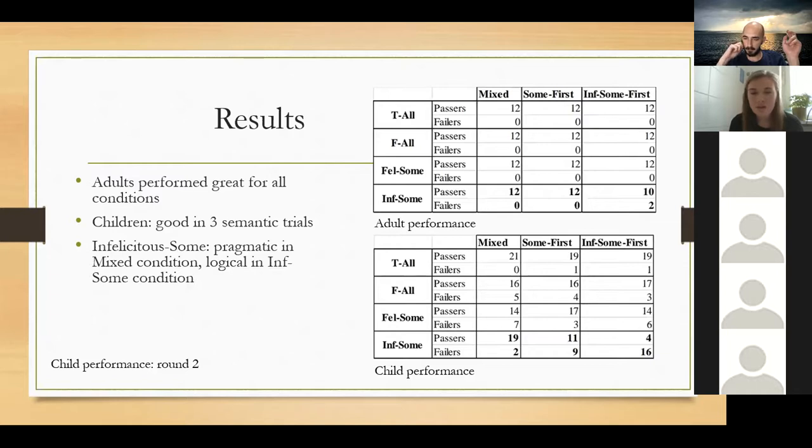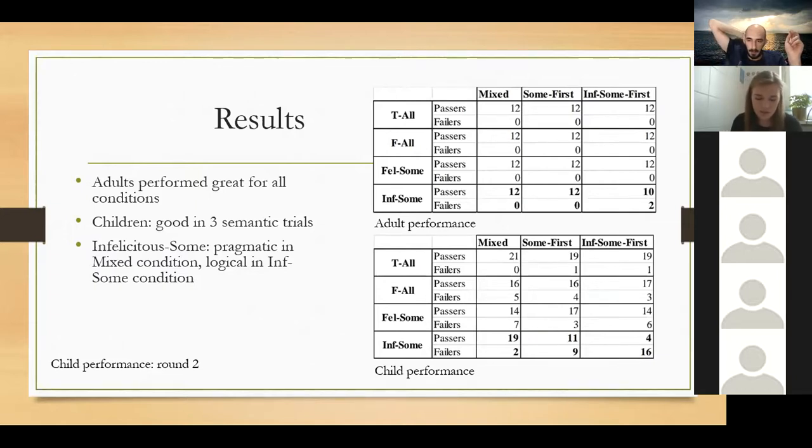So we can only see a big difference in the infelicitous sum trial, where for the mixed condition, there were 19 passers and 2 failures. Then for the sum first condition, there were 11 passers and 9 failures. So basically an even number of passers and failures. And then for the infelicitous sum first condition, there are 16 failures, but only 4 passers.